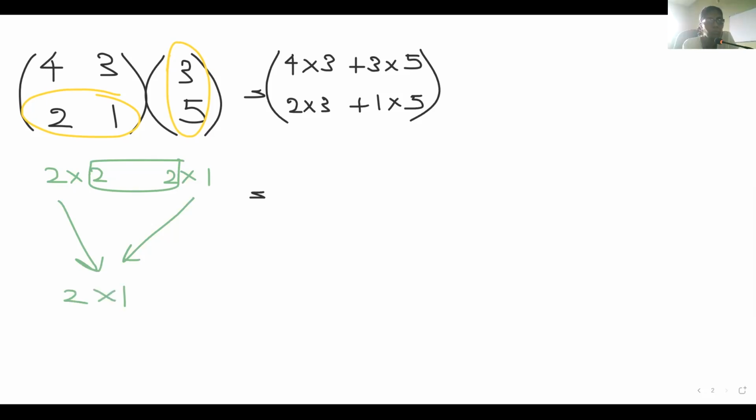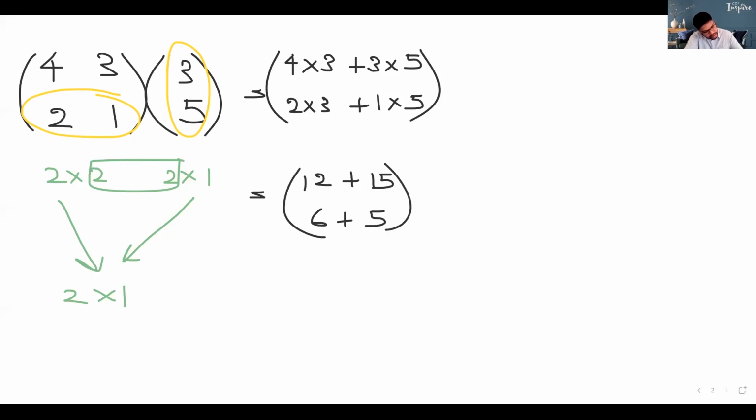Okay, so let's see if we get a 2 by 1 matrix. Right, so children, next 4 times 3, that is 12, plus 15, and 6 plus 5, right? So from here we get 27 and 11. So children, you can see we actually did get a 2 by 1 matrix, right? So that answer is correct.